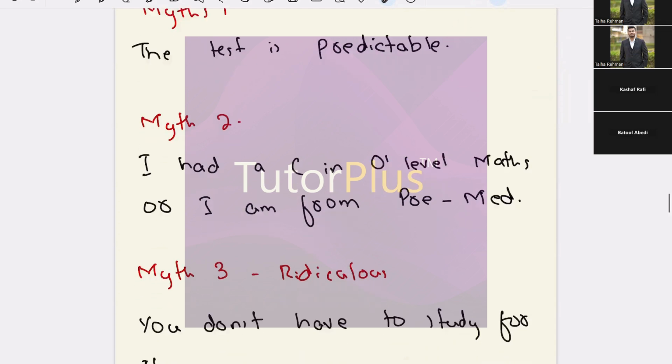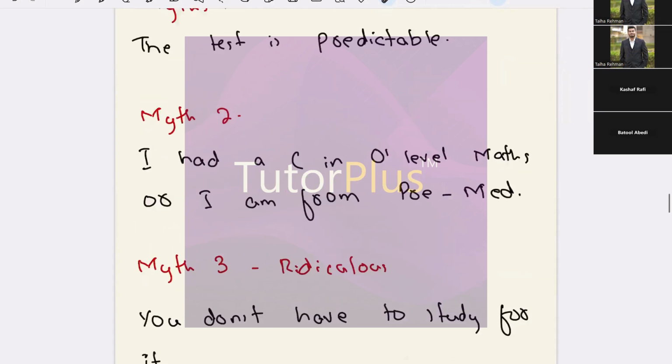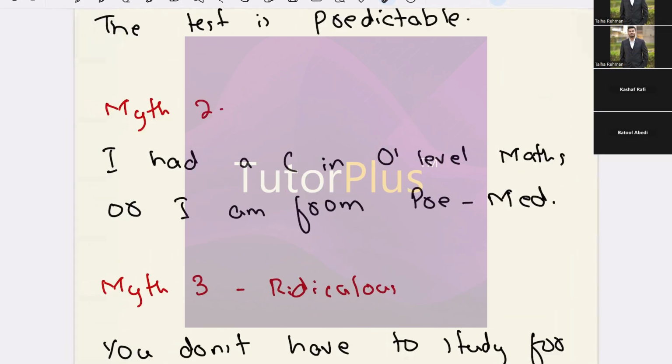Another misconception that a lot of people have is, I'm coming from a pre-medical background, so do you really think I can ace this test? Do you think I should sit this test? My answer for these people is very common and very basic: we have tens of students, if not hundreds of students, every year who want to pursue medicine.